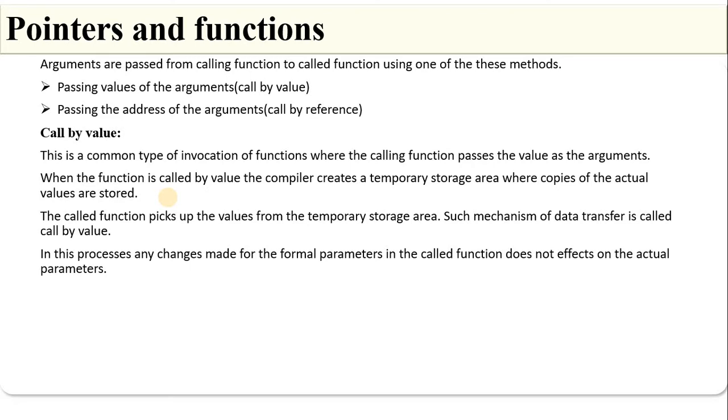Original is there, but you're copying it to another variable. If you change anything in the carbon copy, the original is not touched and it's not changed. Similarly, if you change anything in the formal parameters, the values are not affecting the actual parameters.